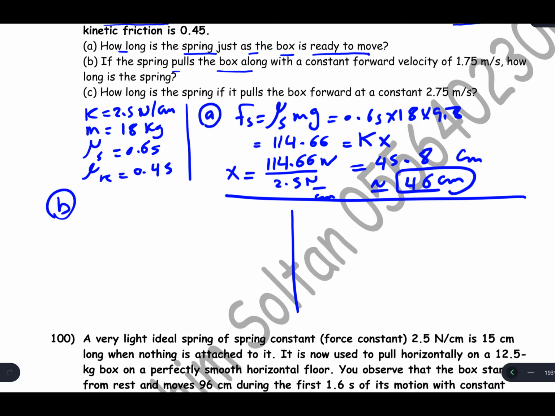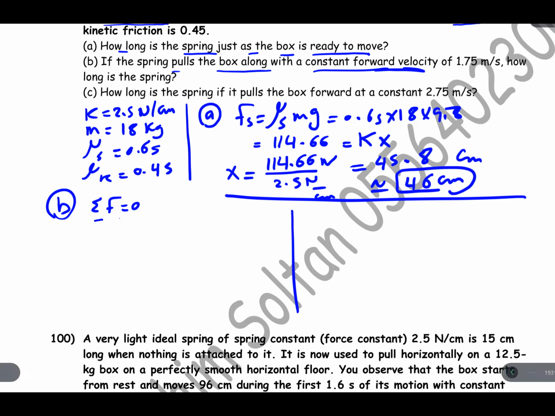If the spring pulls the box along with constant forward velocity, the total force equals 0. And it is moving, so the force we use depends on the kinetic friction, right, guys?